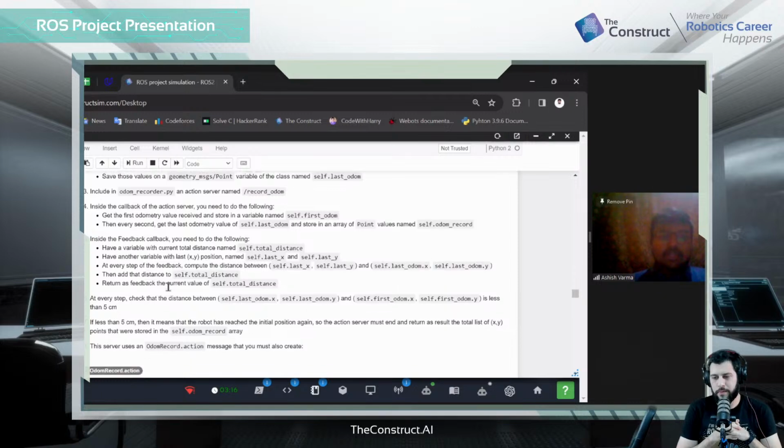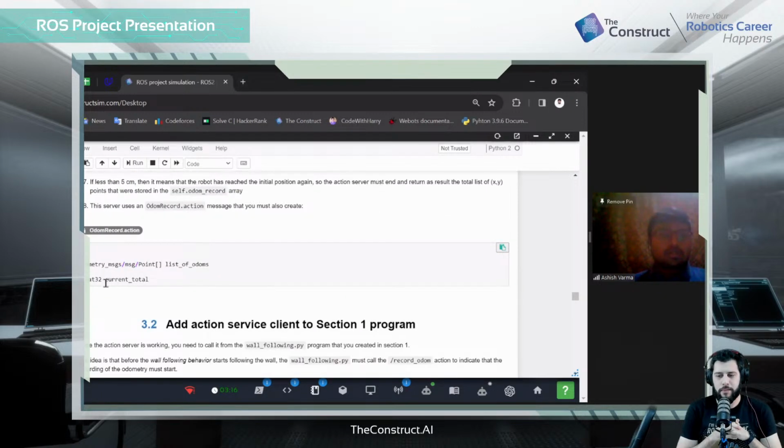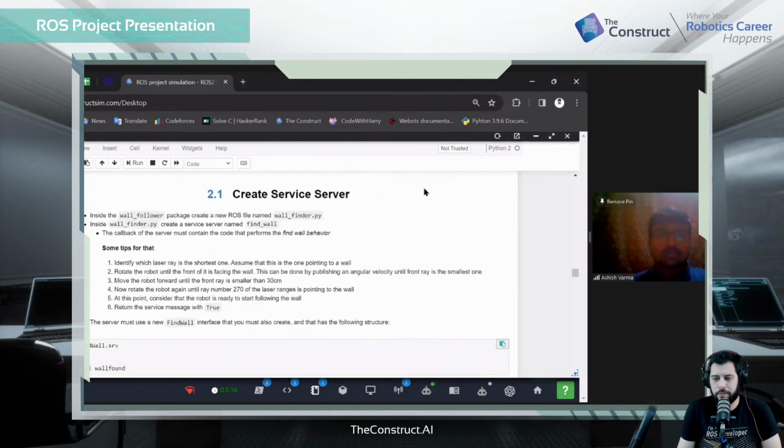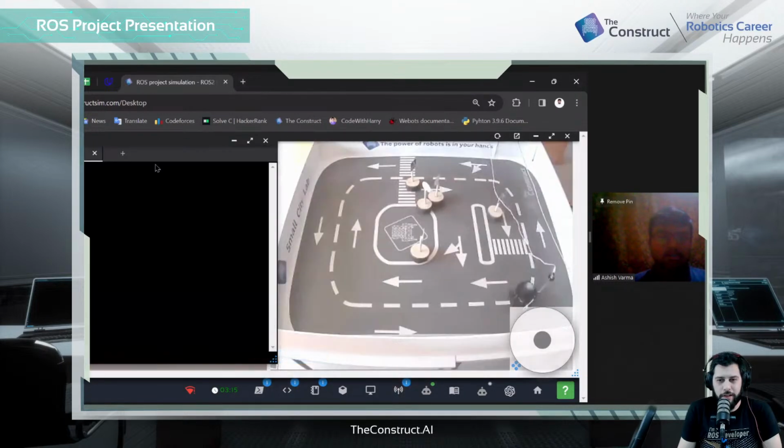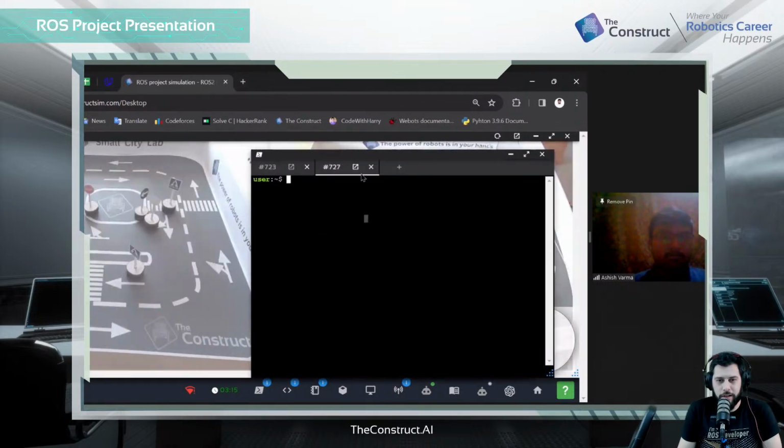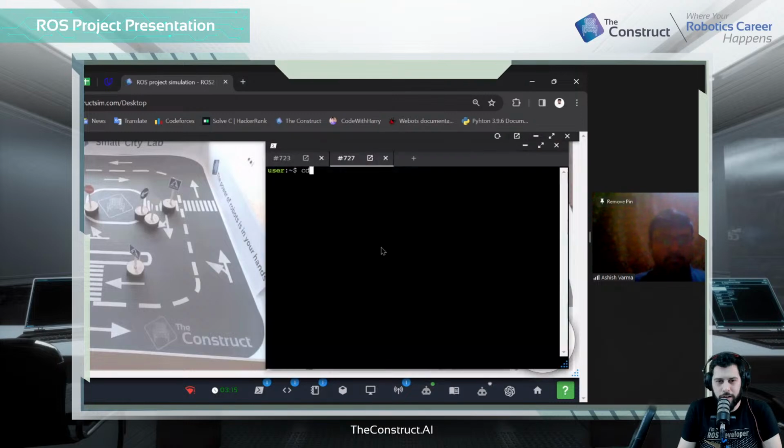And at the end of this project, we need to print the whole list of odometry X, Y, and orientation Z values. So this is the whole project. Great. Let me just start the simulation, and then we can look at the code.